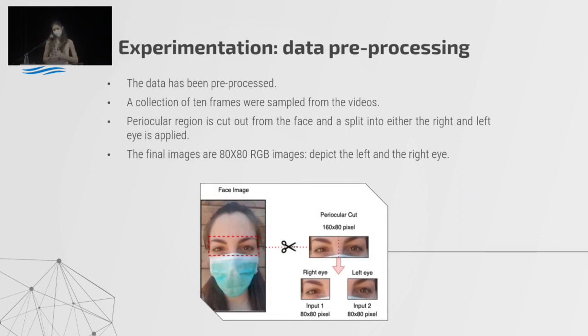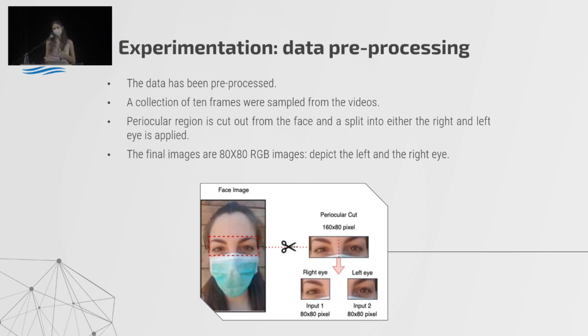Okay, prior to being input in the model, the data has been preprocessed. Considering that the M2FRAD dataset is a video dataset, obviously a collection of 10 frames were sampled from the videos.